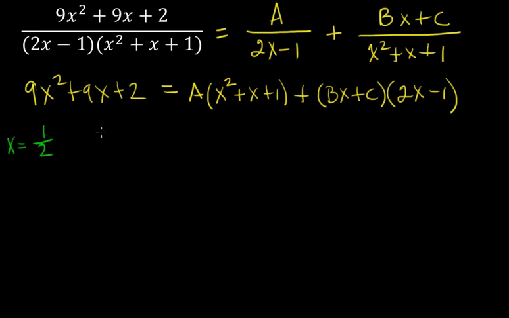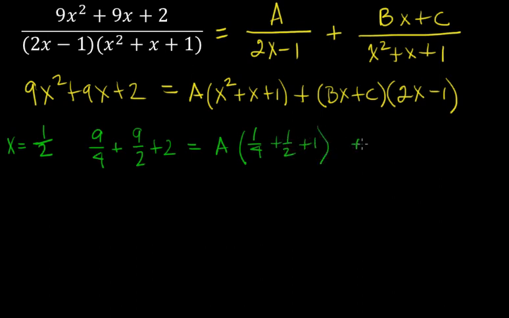But we do have some fractions. 9 times 1 half squared, 9/4, plus 9 times a half, 9 halves, plus 2 is equal to a times, plugging in a half, we have 1/4 plus a half plus 1. And this is just going to be wiped out. That's 0 because we're letting x be 1/2.